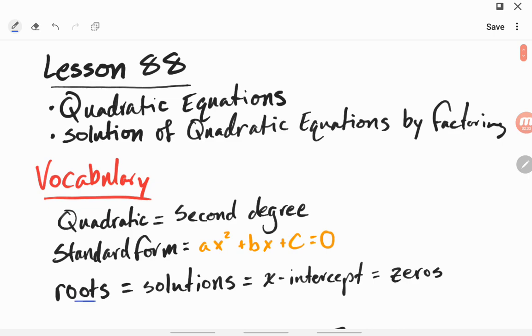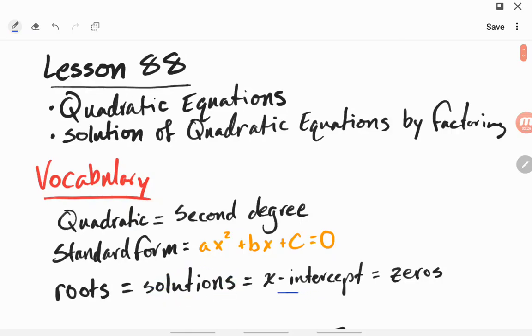Finally, roots. Roots are what you find whenever we perform factoring to solve a quadratic equation. We find the roots. And roots are also just solutions. So whenever we factor and find the roots, we've also found the solutions. We've done more than just find solutions, though.